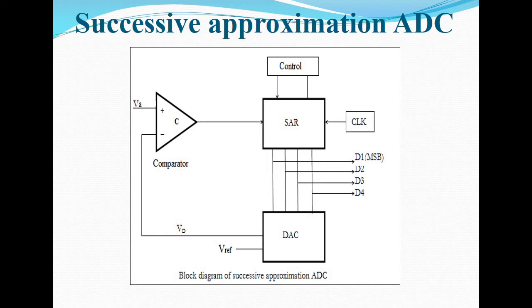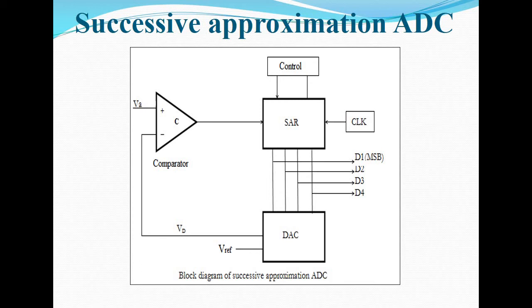Before starting with the working of the successive approximation ADC, let us revise the basic things. What is meant by MSB, and what is meant by LSB? MSB means most significant bit and LSB means least significant bit.